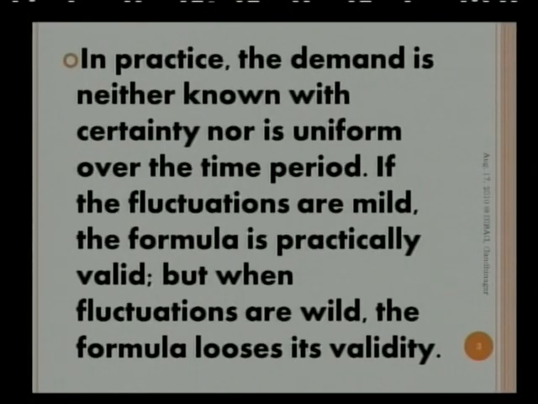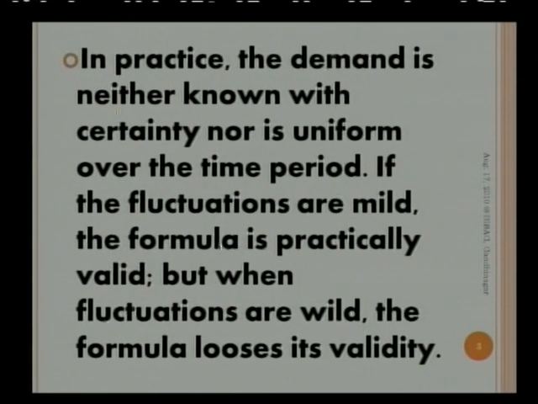If you recollect the formula we derived for getting the total cost to be optimal, we derived it in terms of ordering cost, demand and inventory holding cost. It was Q equals square root of 2AR upon H. But in practice, the demand is neither known with certainty nor uniform over the time period.